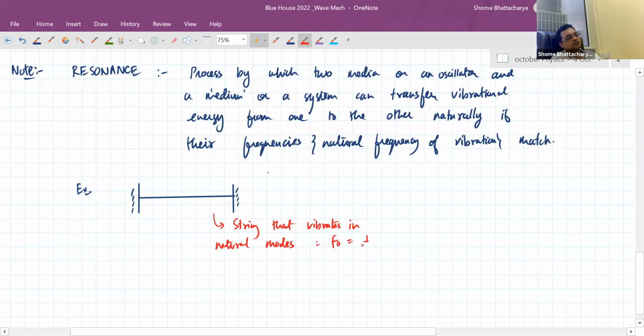The fundamental is 1 by 2L square root T by mu. First overtone is 2F0, second overtone is 3F0, and so on and so forth. Fn is n plus 1 F0.